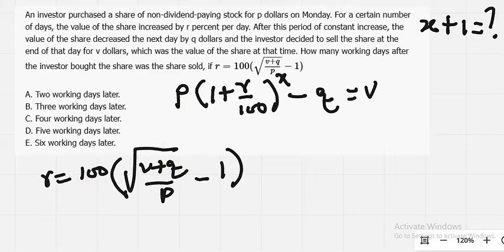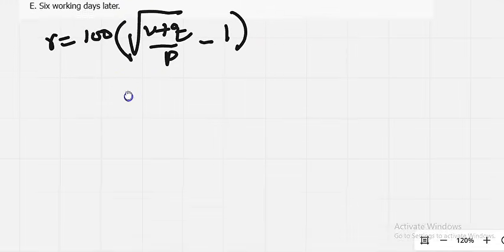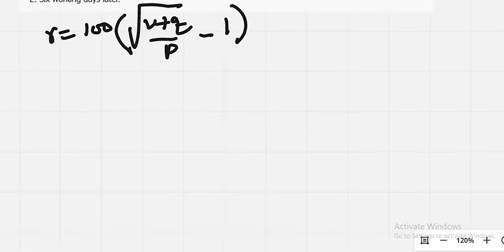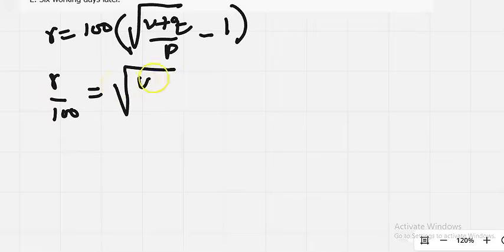So this becomes R over 100 equals square root of (V plus Q) over P minus 1.